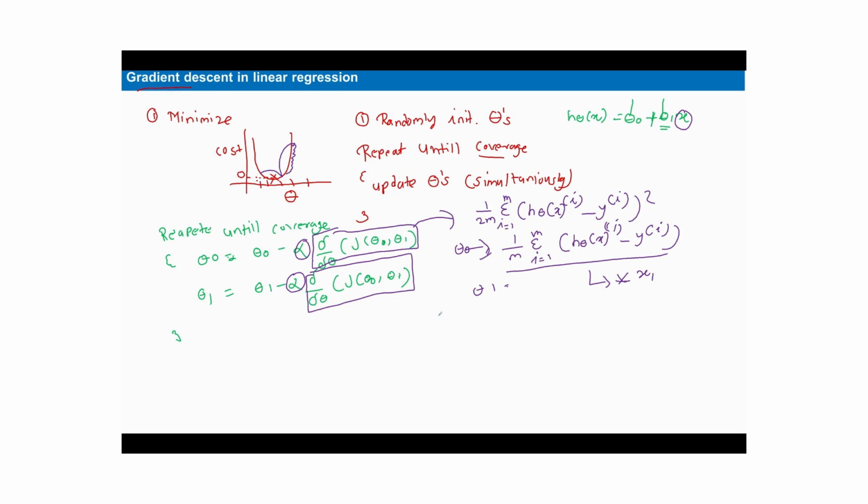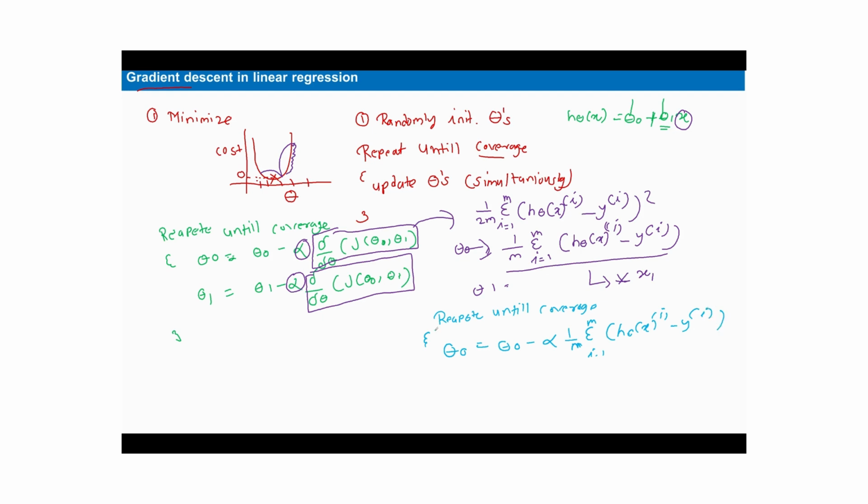Repeat until convergence: update theta 0 as theta 0 minus alpha into 1 upon m, summation of i equal to 1 to m, h of theta x of i minus y of i.